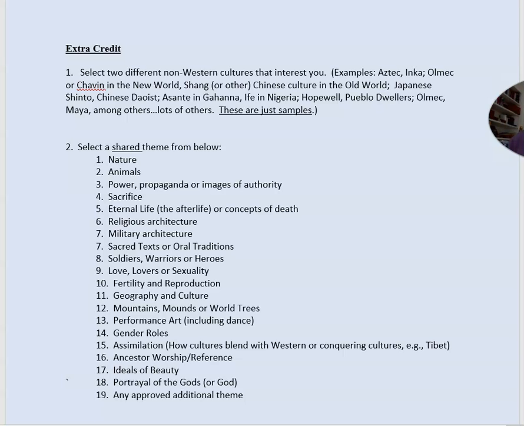We still create images that display these themes. Just for example, at the top of the list, nature, of course, that's a subject for art. Animals, of course, that's another subject for art. Power, propaganda, or images of authority. I think they will probably remain with us as subjects of art and architecture as well throughout human history.